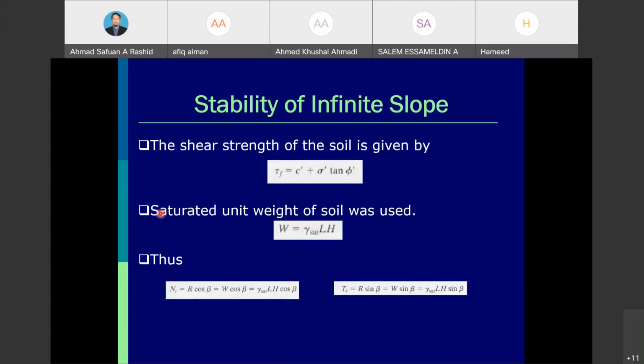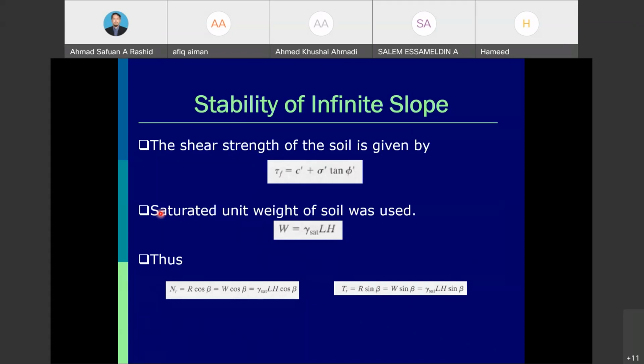So the shear strength of the soil is given by tau equal to C plus sigma tangent phi. And for this case, the W is in fully saturated condition. So then we need to use the gamma sat times LH.